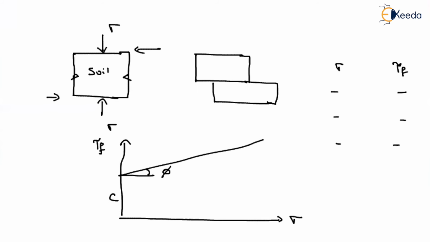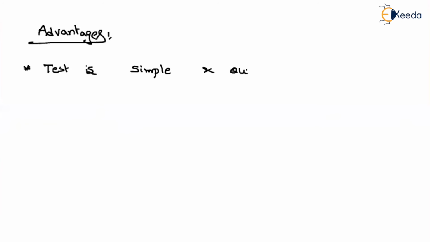So let us see the advantages and disadvantages. We have to know the advantages, as they can ask multiple choice questions. Here we can say that the test is quite simple, and also it is very quick, and the operation required is very cheap.